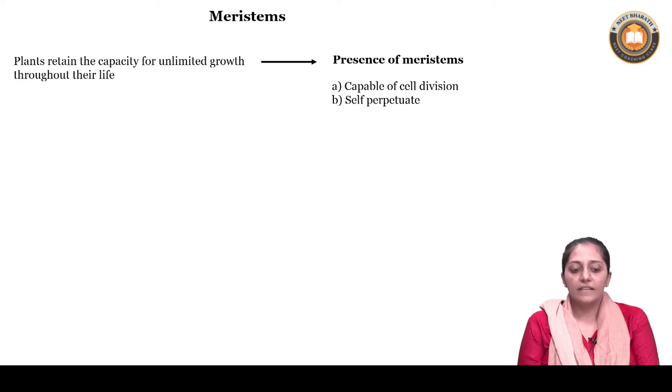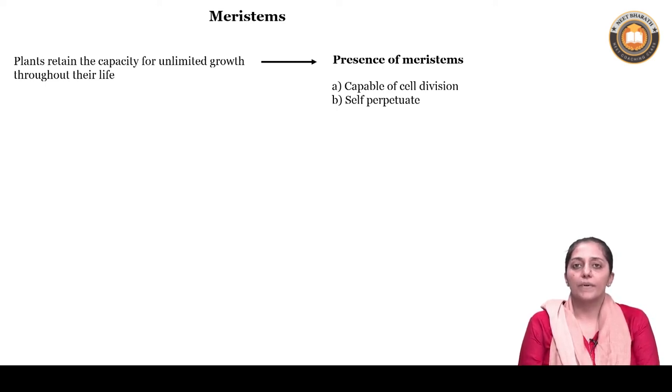So plants retain their capacity for unlimited growth throughout their life. That is a very interesting and peculiar property of plants, that they retain unlimited growth till they are alive.